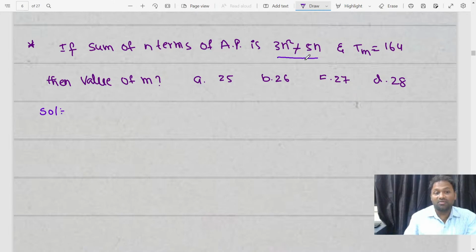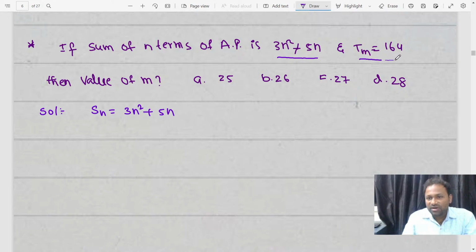This is sum of n terms, Sn is equal to 3n square plus 5n. In this, Tm value is given. Okay, what is Tm? Tm is equal to 164.